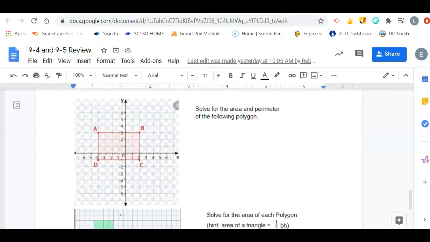Okay, if you counted, which is completely fine, we're finding the distance between B and C. We go 1, 2, 3, 4 units. Right? The distance between A and B, 1, 2, 3, 4, 5, 6. That's fine if it's given to you, but please make sure that you know the value of each line.